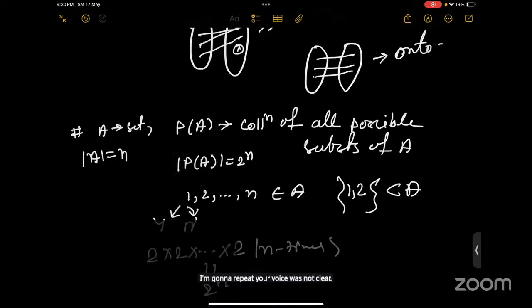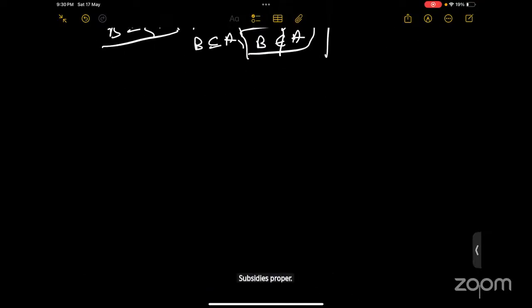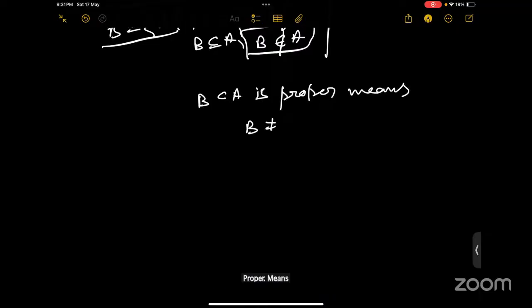B subset of A is proper means B is not equal to the empty set and B is not equal to A.